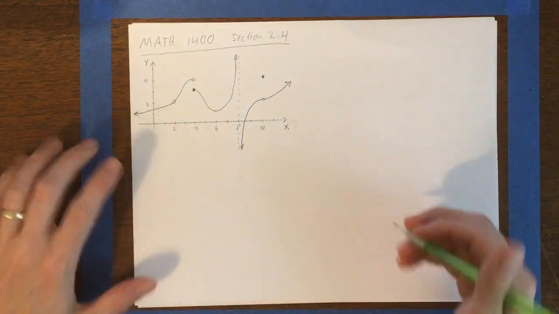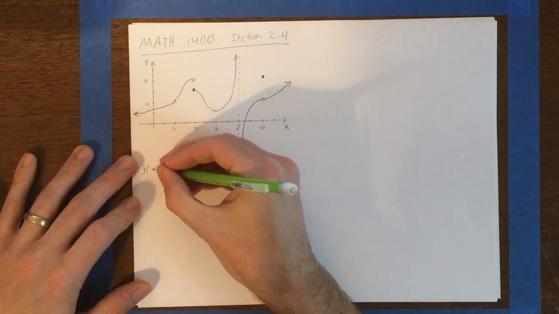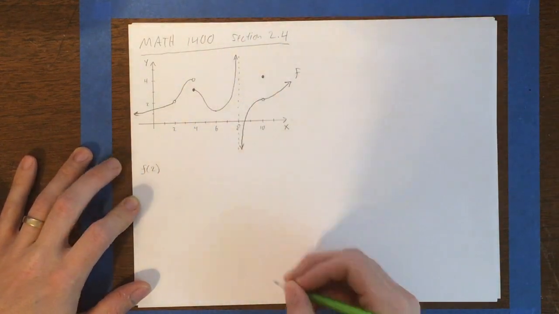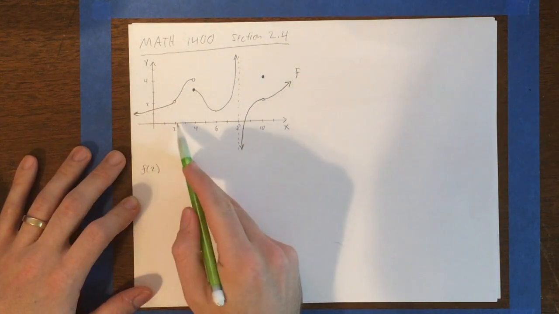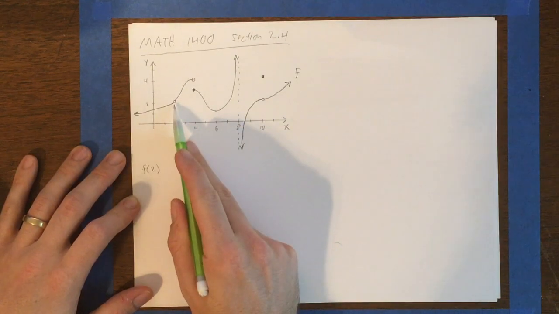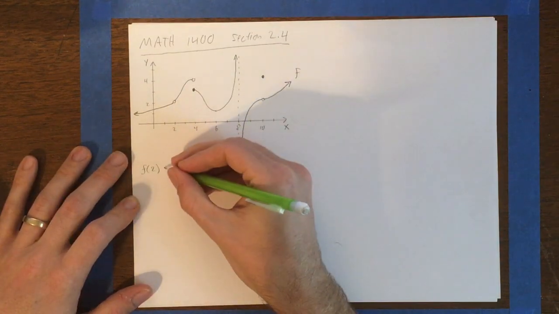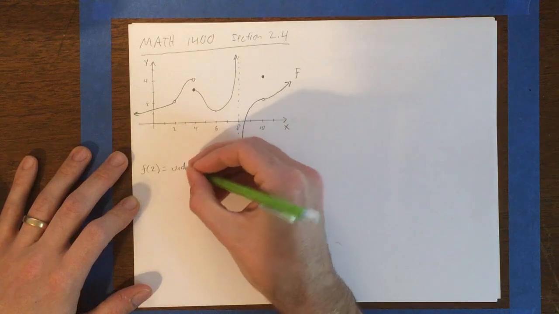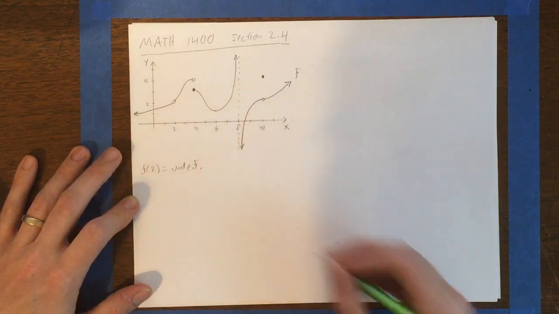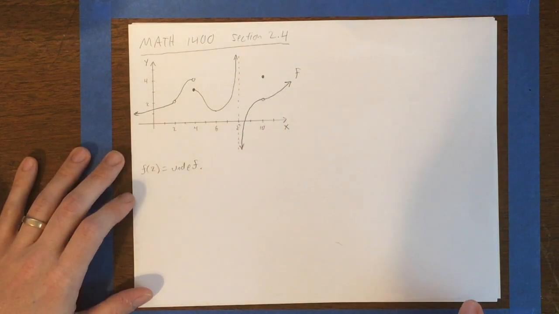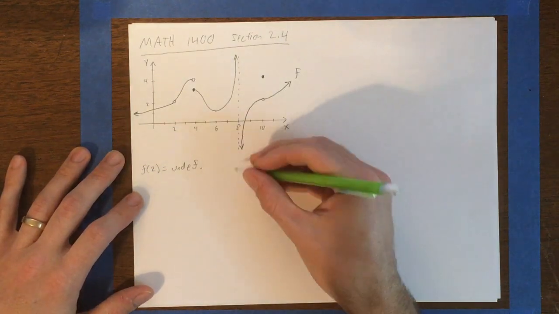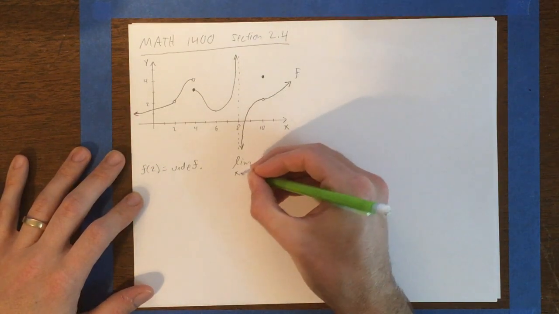So let's start with 2. What is f of 2? We're going to say this is called f. Well, f of 2, if we look at 2 here, there appears to be an open circle. So in fact, f of 2 is undefined. I'm going to abbreviate that UNDEF, undefined. Okay, sure. What's the limit of the function as x approaches 2?